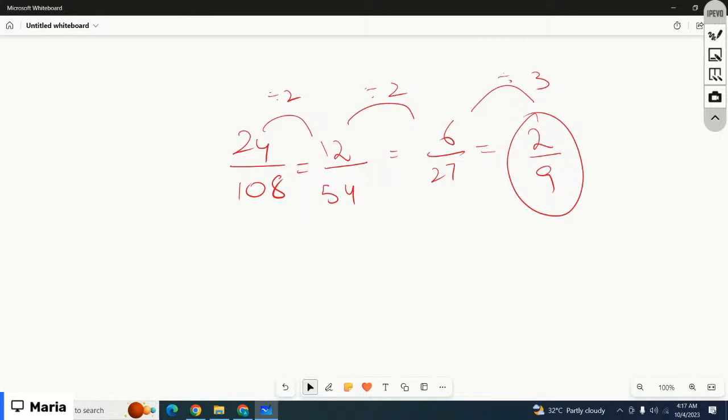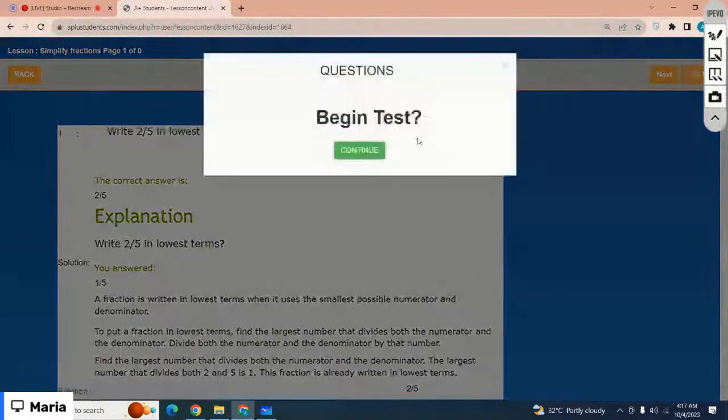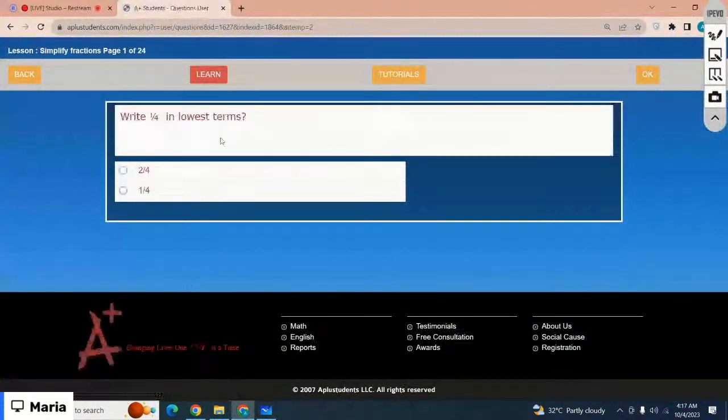Okay, let's just start with the lesson. Let's see the practice questions on the lesson. Okay, write 1 by 4 in the lowest term. So which is the correct option?